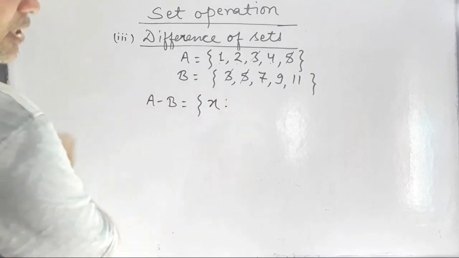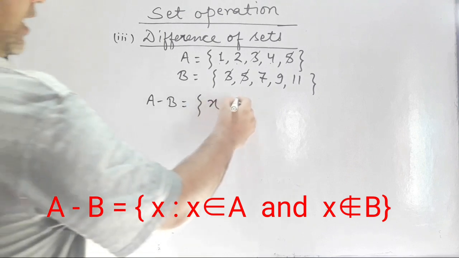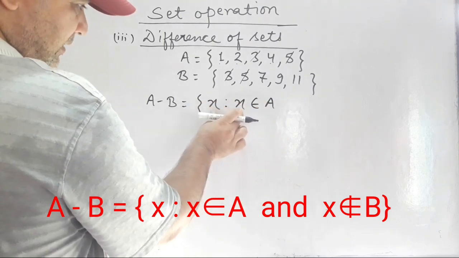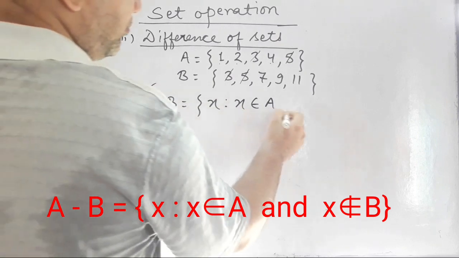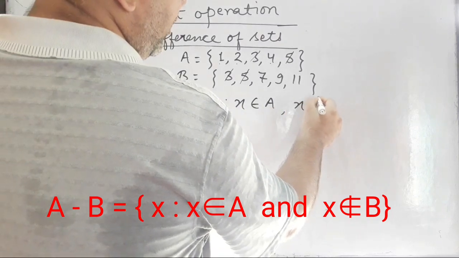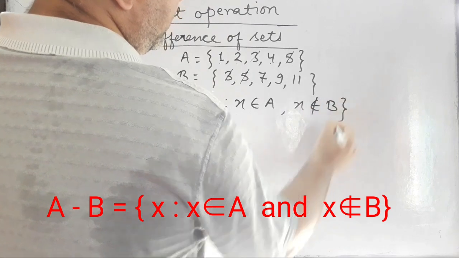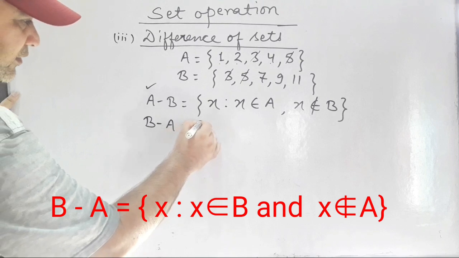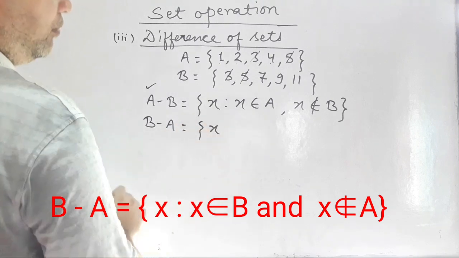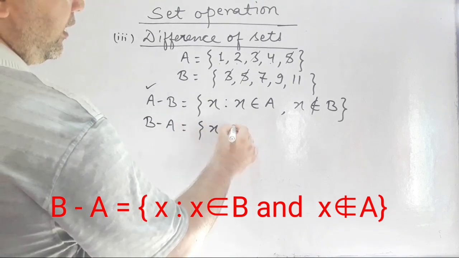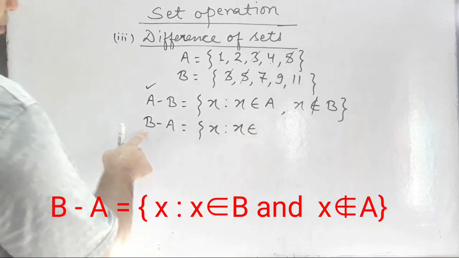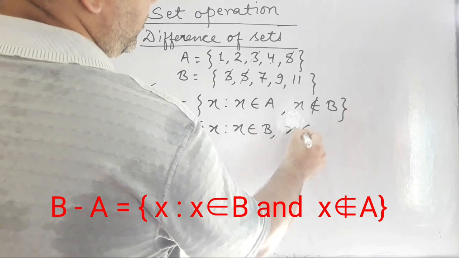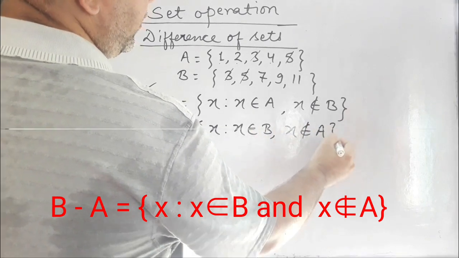The set of elements X such that X belongs to A, that is, the elements X that belong to A but X does not belong to B. Similarly, B minus A, or B difference A, is the set of elements X such that X belongs to B but X does not belong to A.